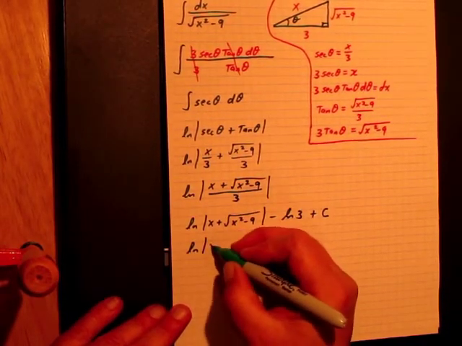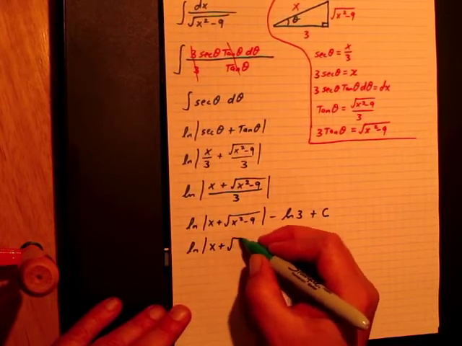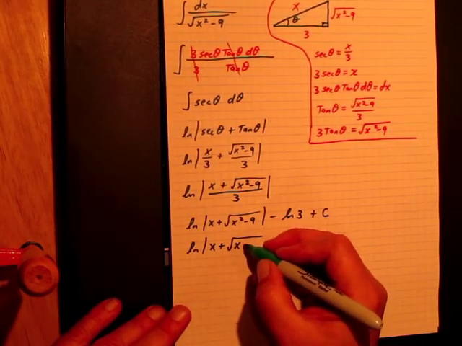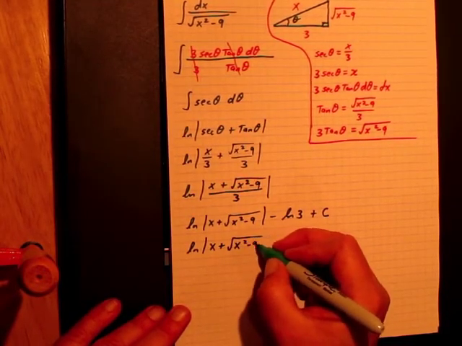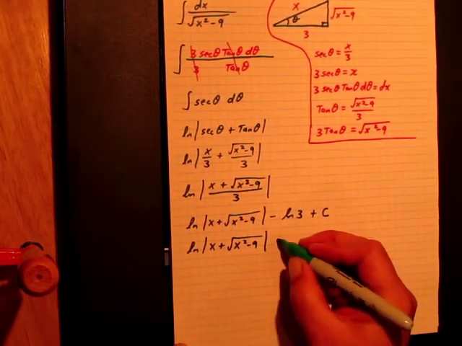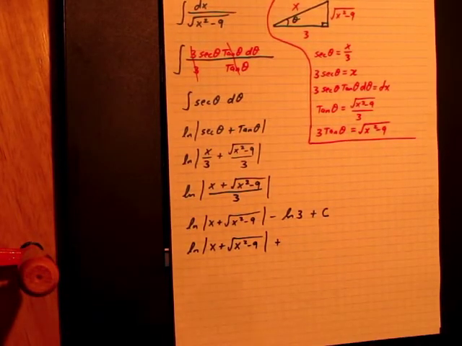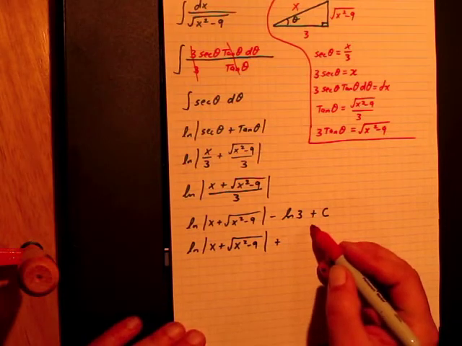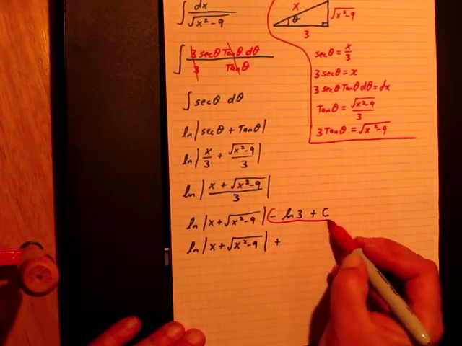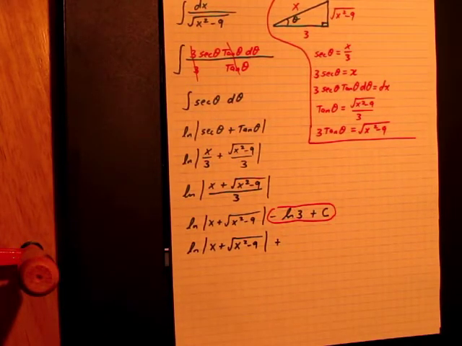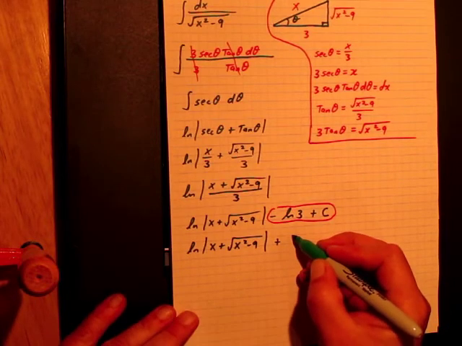Now your final answer is going to be natural log of x plus square root of x squared minus 9. Since natural log of 3 is a constant, plus another constant simply yields a third constant.